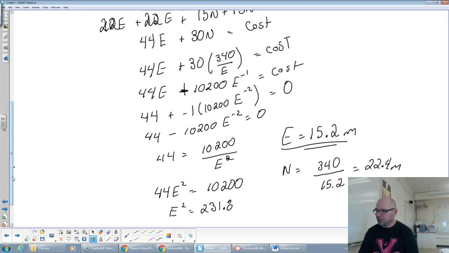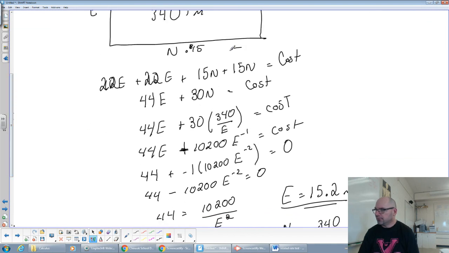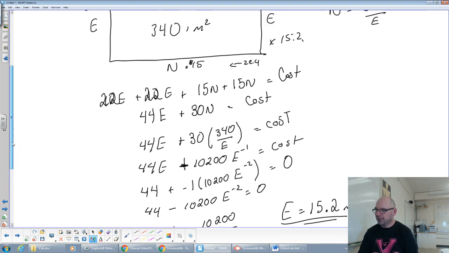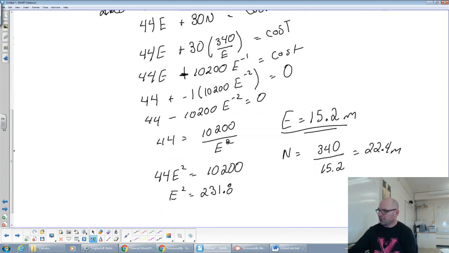So that means our dimensions are 22.4 by 15.2. And if we multiply 22.4 times 15.2, we should get our 340 within rounding reason of our area. Okay, so that's our dimensions: length of 22.4, width of 15.2 meters. So that's the second question on there.